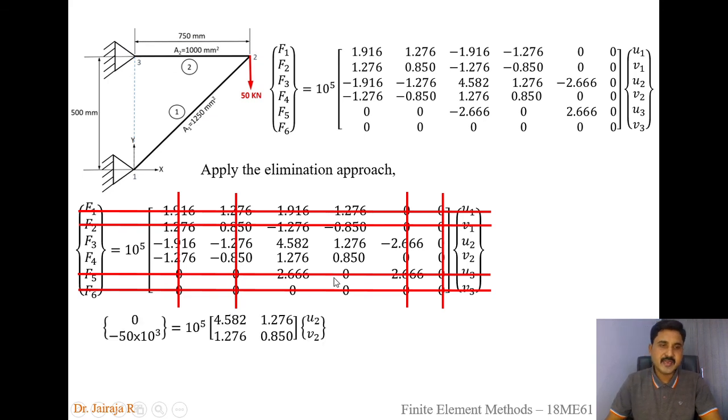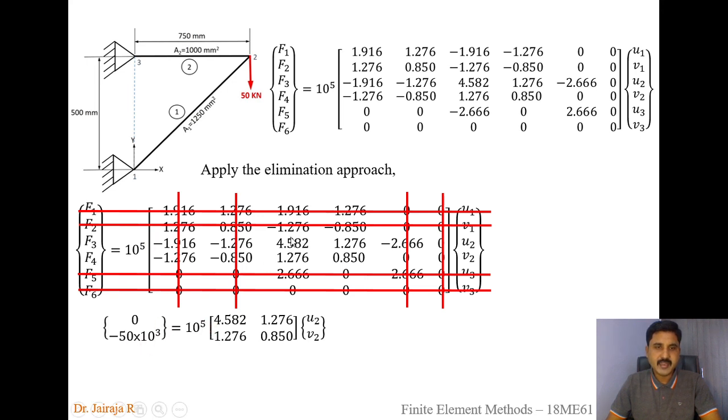The reduced matrix has F3, F4. F3 is along the x direction at node 2, where there is no force acting along x, so 0. Along the y direction at node 2, the force acts downward, so it is minus 50 kilonewton, minus 50 into 10 raised to 3.